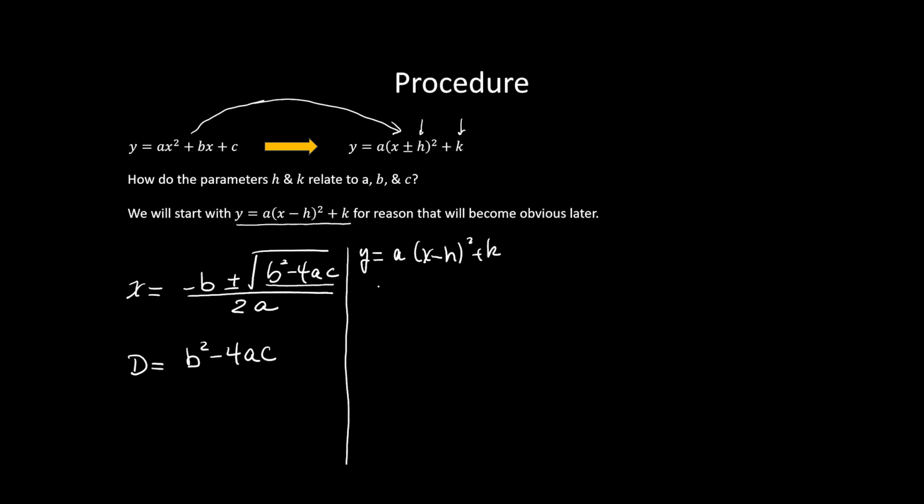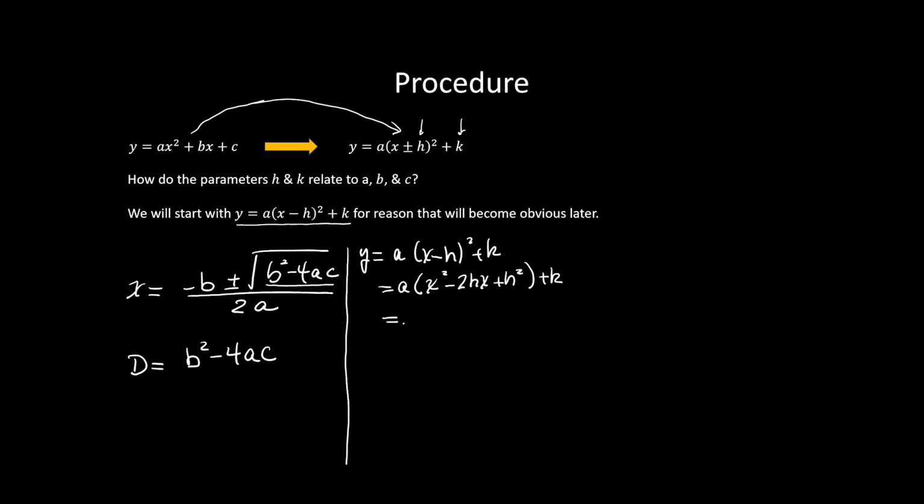Let me expand the square here. Expand this. This is the square of the first, the first times the second times 2. So we're going to get a negative 2hx. And then we're going to square this. I get an h squared. That's everything in the parentheses. And then there's a k sitting outside.